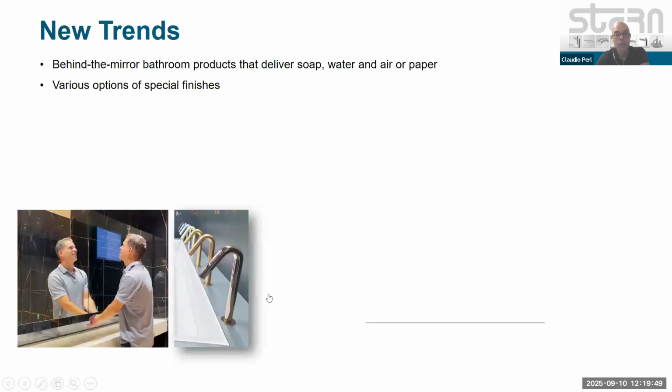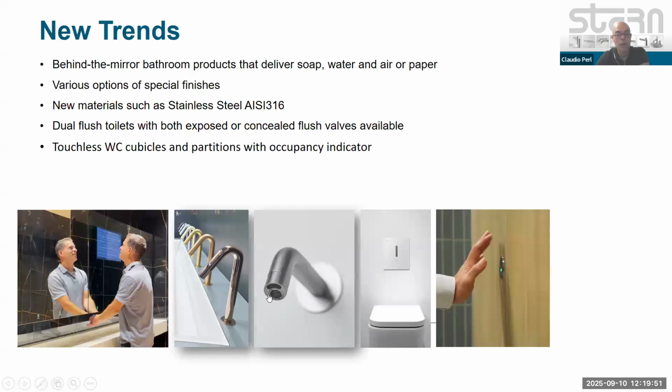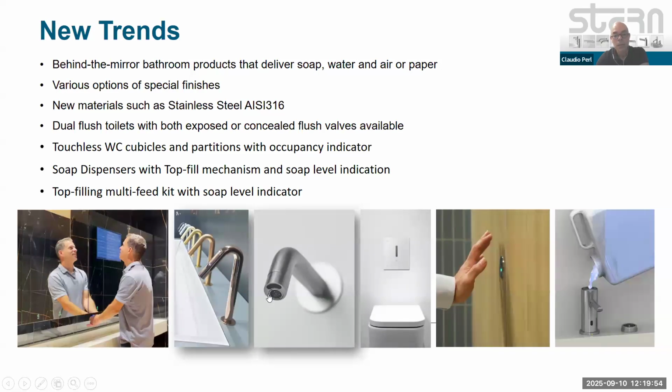As new trends, we see more and more in specifications the behind-the-mirror bathroom products delivering soap, water, air, and paper, which, as you saw in the video, is very nice, clean, and neat in commercial applications. A variety of different finishes, including stainless steel 316.